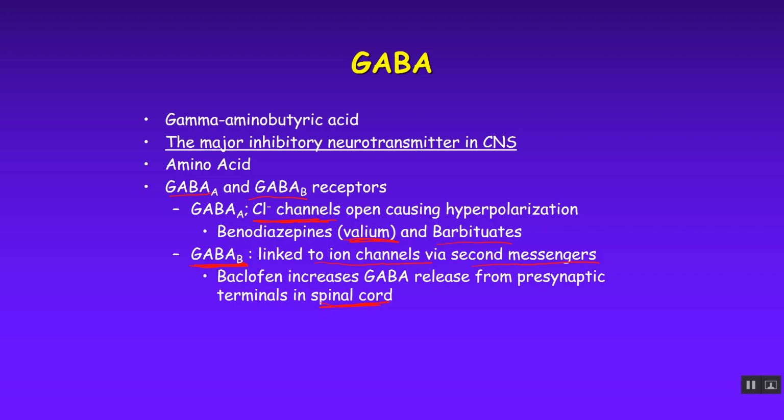It opens up some chloride channels, mostly in the spinal cord region. Okay, there's a specific drug called baclofen. Baclofen, you can either administer it orally, or they actually stick a tube into your spinal canal and squirt baclofen in and around the spinal cord, and it falls on those GABA B receptors.